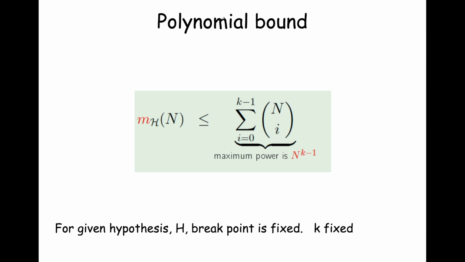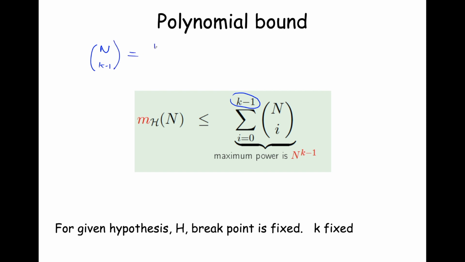So if we take a look at this expression, let's look at what happens when we have this upper index, k minus 1. Let's look at what n choose k minus 1 might be.